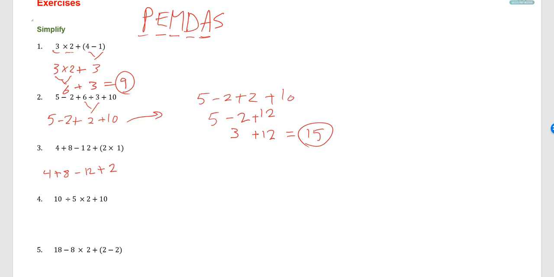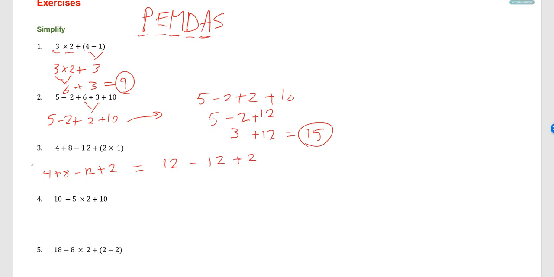After that, I have no exponents, I have no multiplication, I have no division. I do have addition and subtraction. So I'm going to do the addition, so 4 plus 8. 4 plus 8 gives me 12, and then I have minus 12 plus 2.